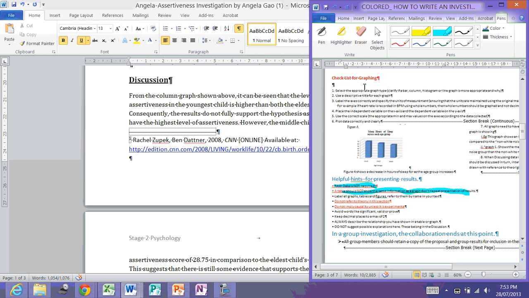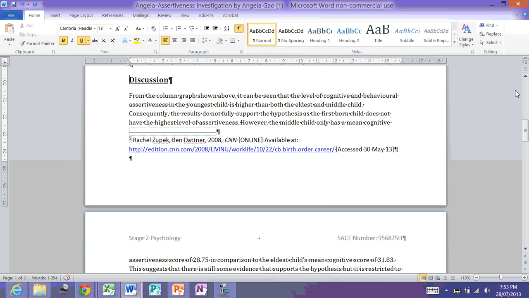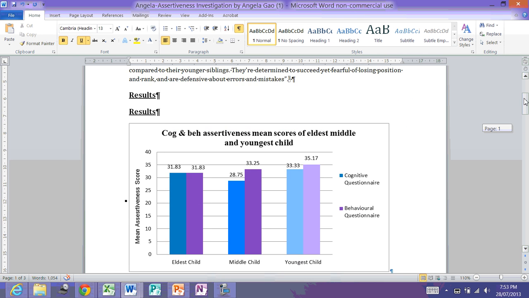Okay, select the appropriate graph, use a description, label the axis, place the independent variable, use the correct scale. Okay, and I want you to tell me what it says. That's your discussion component. You read the information here. Very, very, very important. Okay.